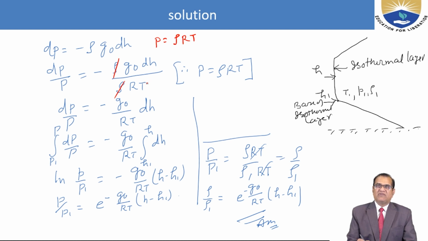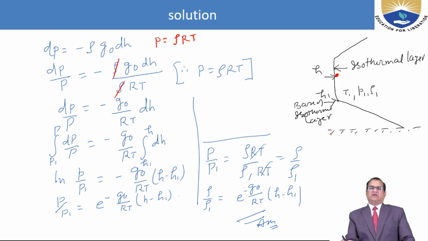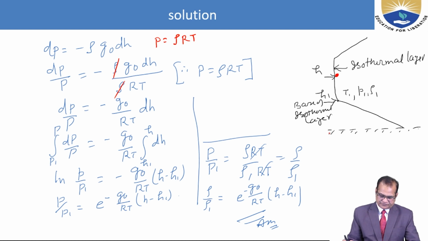So we get dP by P equal to minus g0 by RT into dh. Here it is shown that this is the base h1, rho1, P1 and T1, and we have to find out at this point what is the state of the temperature, pressure and all the parameters.